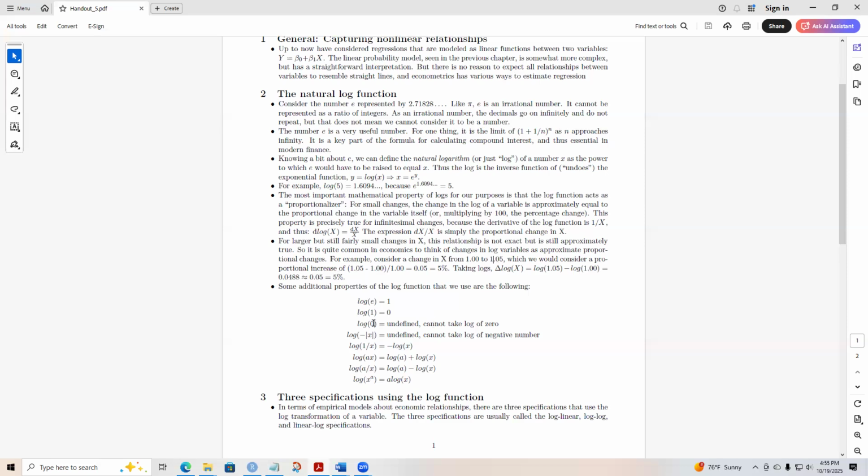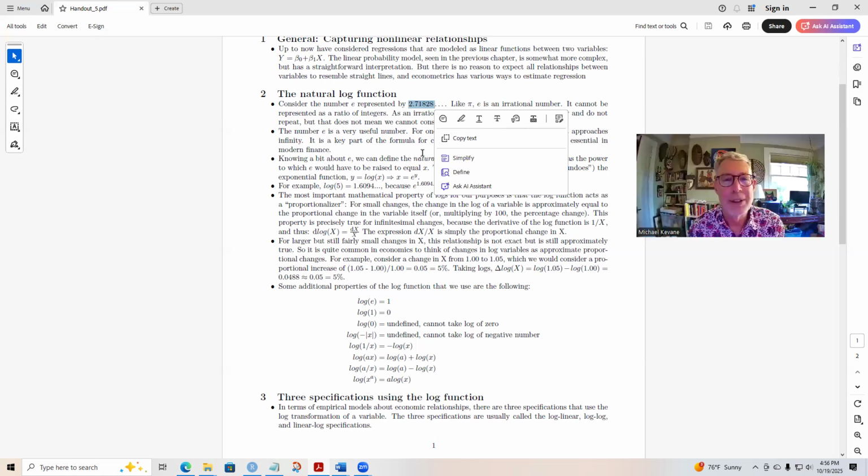We can't raise e, which is a number, 2.718, to any power that will give us 0. We also can't take the log of a negative number, because e is a positive number, so there's no power you can raise it to that turns it into a negative number. Remember, when you raise a number to a negative power, it's the reciprocal, 1 over the number raised to that power. So it can't ever be turned into a negative number.